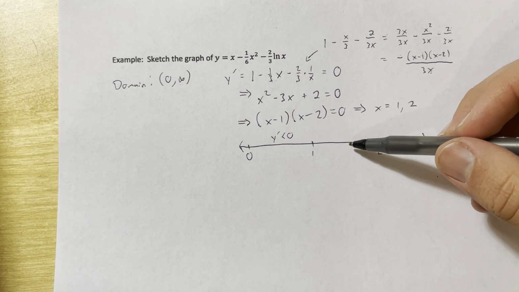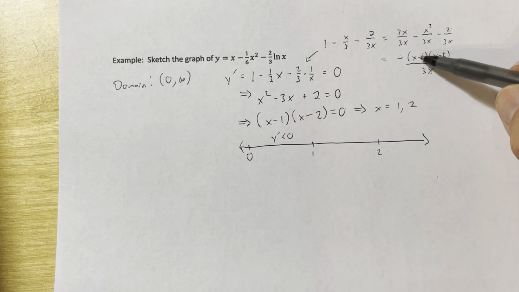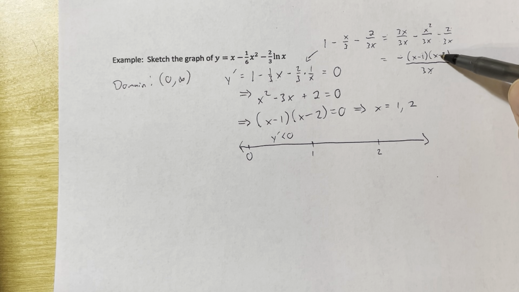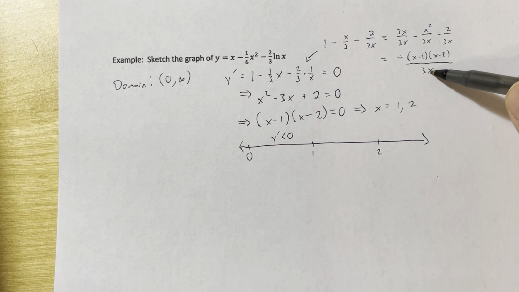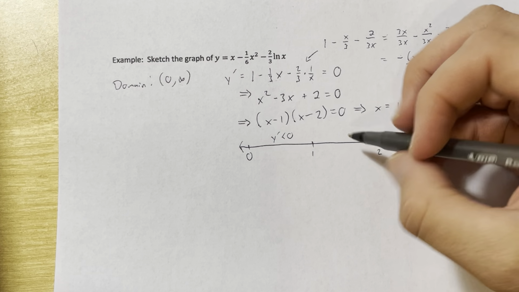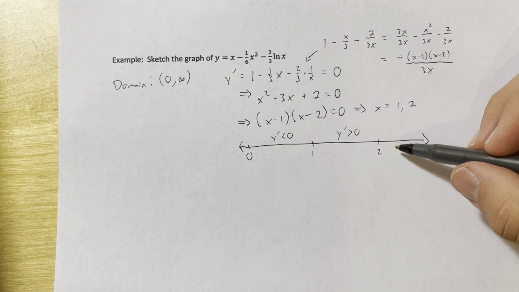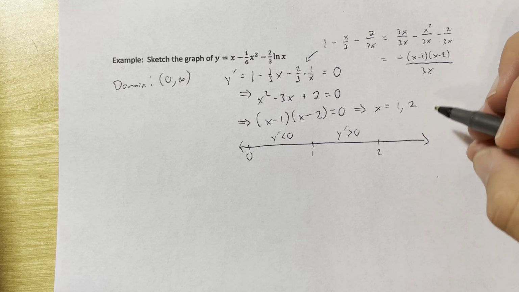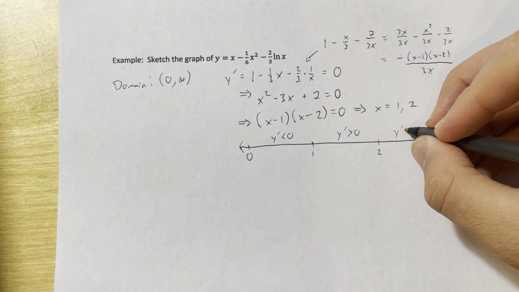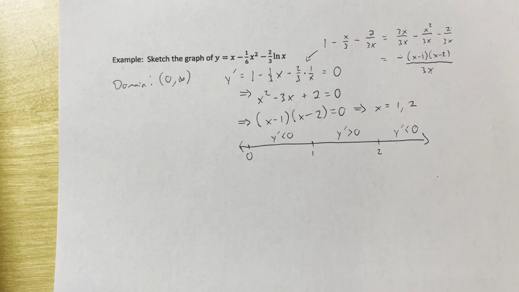Now let's pick something like 1.5. 1.5 minus 1 is positive. 1.5 minus 2 is negative. I have negative times positive, which is negative. The denominator will be positive. Negative over positive is negative. This negative out here changes that to positive. And then finally, pick something bigger than 2, plug it in. You'll find that y prime is negative in this case.